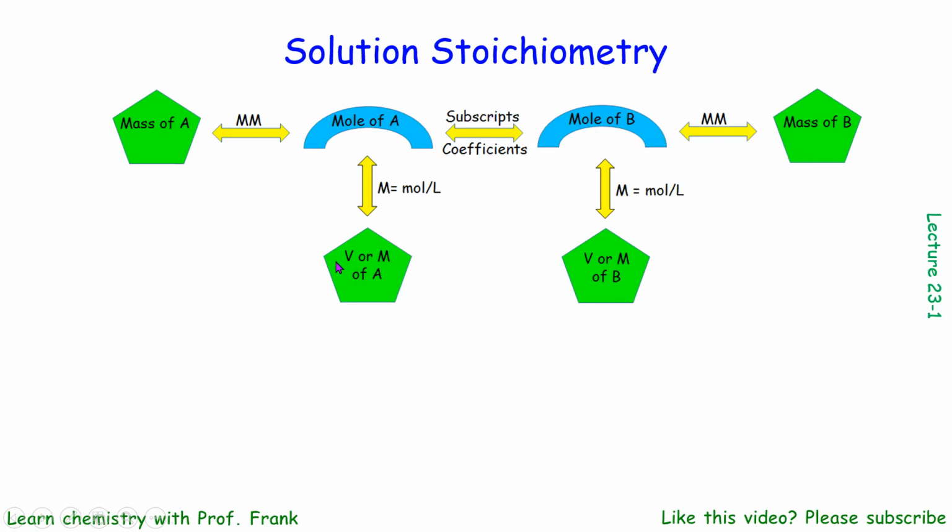So we can convert the volume or molarity of substance A to the moles of substance A, and then through the stoichiometry, convert moles of substance A to moles of substance B. And then further, through solution stoichiometry, converting the moles of B to volume or molarity of B. And of course, we can also convert from mass of A to moles of A to moles of B, then to volume of B. Or we can convert from mass of B to volume of B. We can do so many calculations.